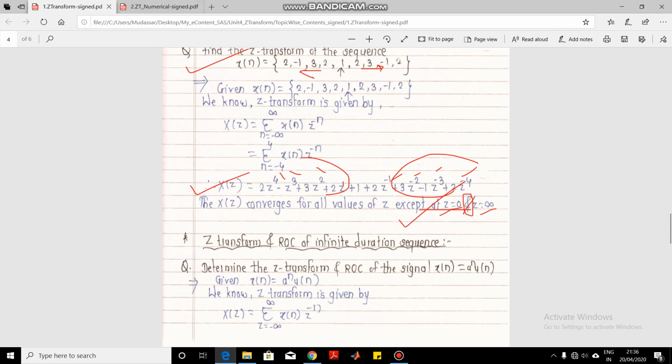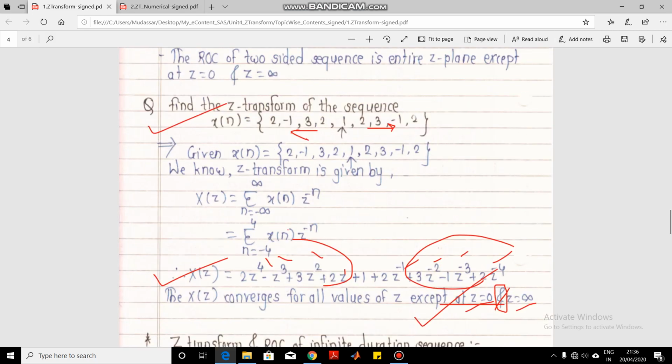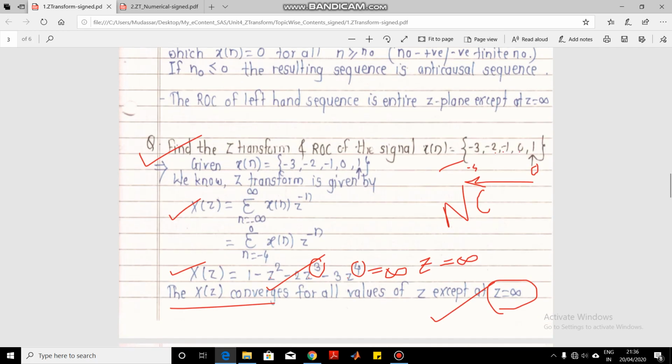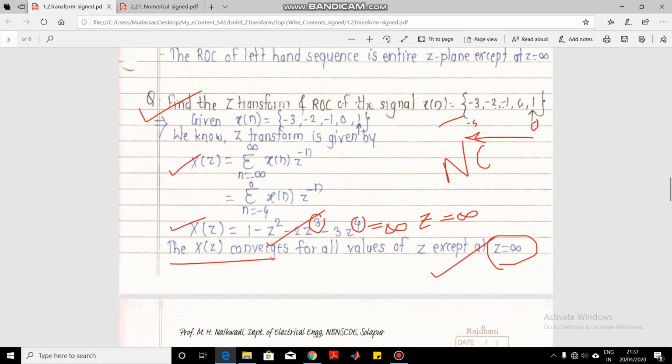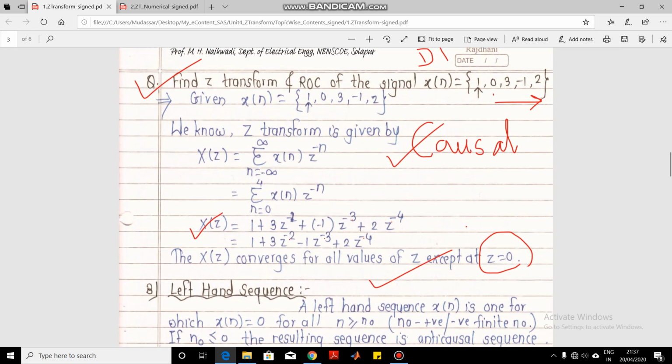In the previous lecture, we computed the Z transform of sequences, maybe a single sided sequence which is left sided or right sided, or double sided, that means causal, anti-causal or non-causal. We have seen that the signals were of finite duration, that is, the number of samples in the sequence was finite.